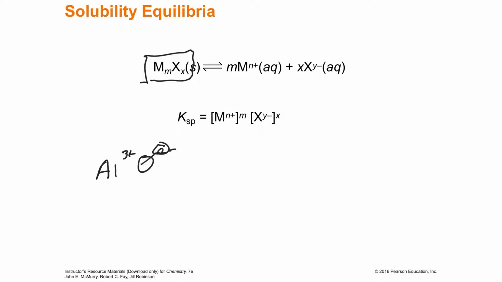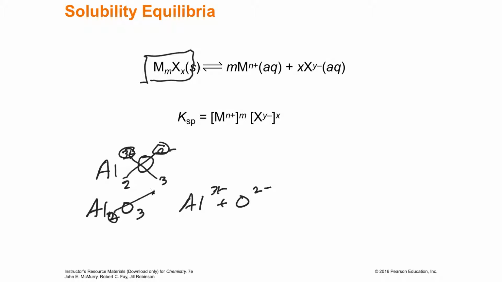Remember that this 2 can become the subscript here, and this 3 can be the subscript here. So I'd have Al2O3. When it breaks apart back into ions, I'm going to end up with Al3+ and O2-. This becomes the charge of the O, and this becomes the positive charge of the Al, and this is what you're going to end up with.